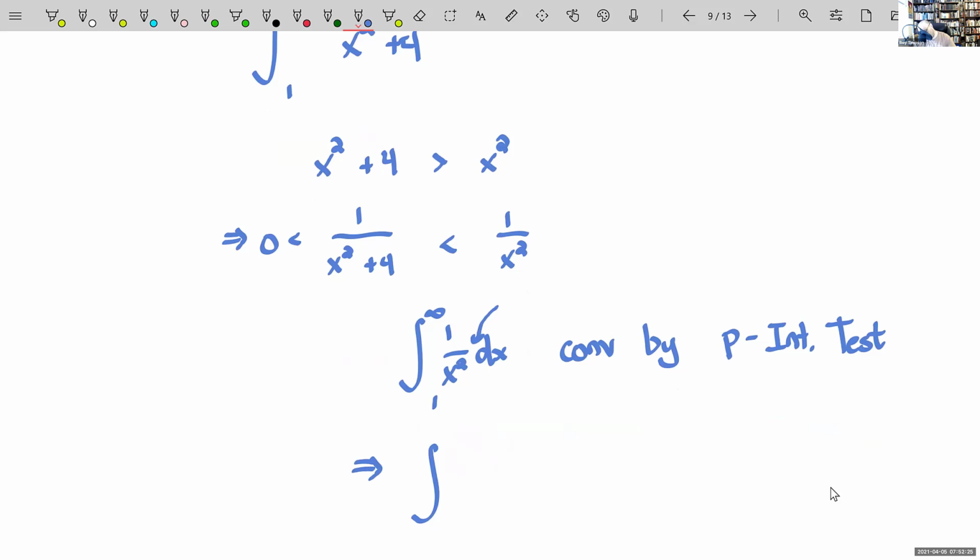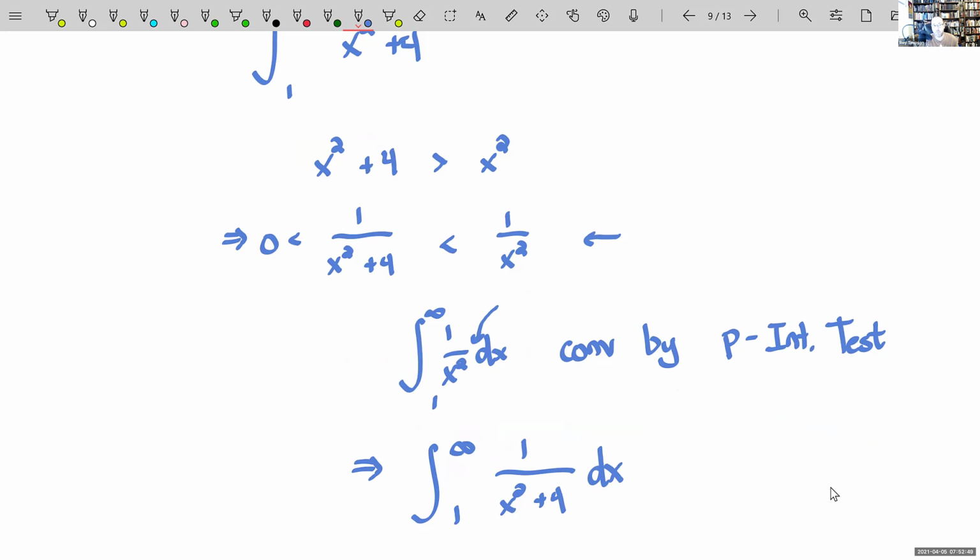the integral from 1 to infinity of 1 over x squared plus 4, because 1 over x squared plus 4 is below 1 over x squared, by our statement right here, the area underneath 1 over x squared plus 4 must be less than the area underneath 1 over x squared. Well, the area underneath 1 over x squared from 1 to infinity is finite.